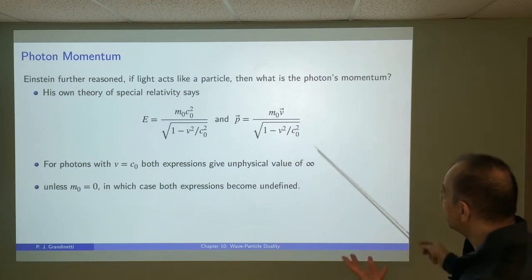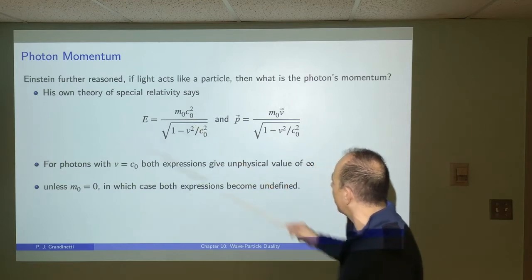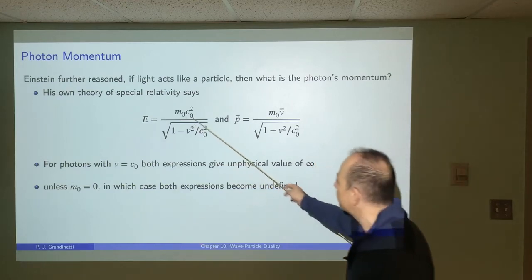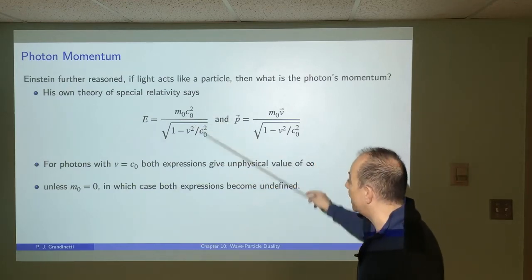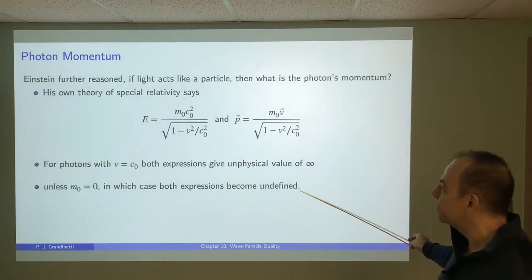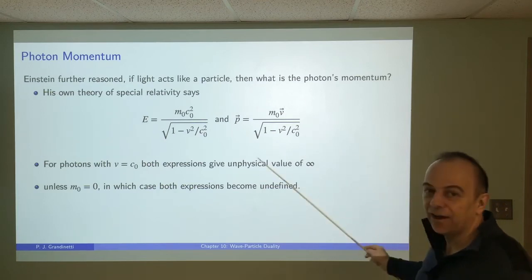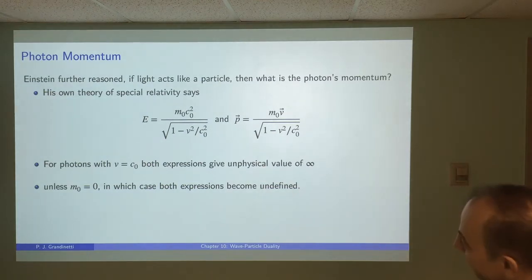But he also looked at these equations and said, well, wait a minute, if the mass of the photon was 0, the rest mass was 0, then I would be dividing 0 by 0, which is undefined. So that doesn't mean that it's infinity, it just means that now these are undefined. We need another way of solving this problem.